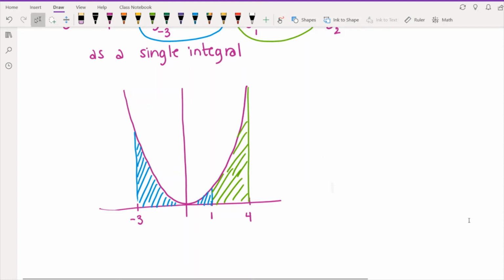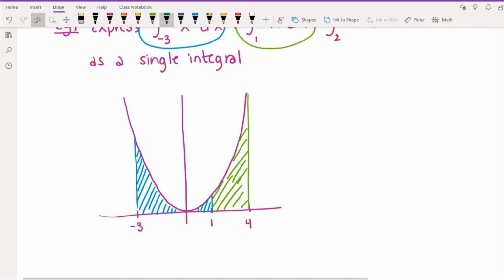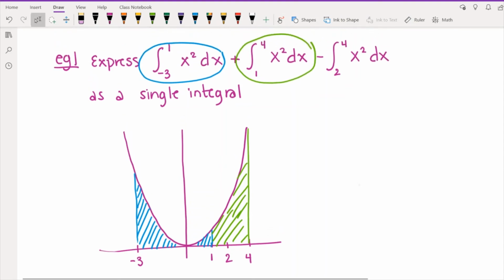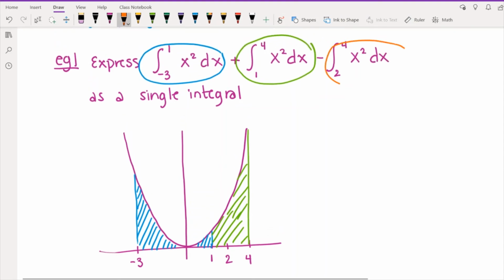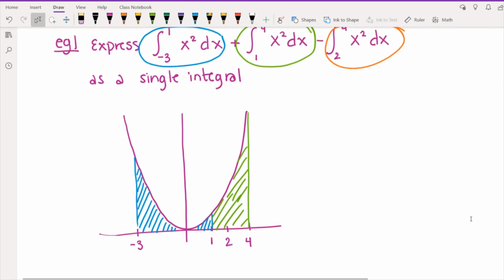And then the last part is we want to subtract out the integral from 2 to 4. I didn't put 2 on here yet, but let's put that on. I know that my scale is not very accurate here, so sorry that 1, 2, and 4 don't look compared to each other the way they should, but that's okay. Let's color this one with orange. So we're subtracting out the integral from 2 to 4.